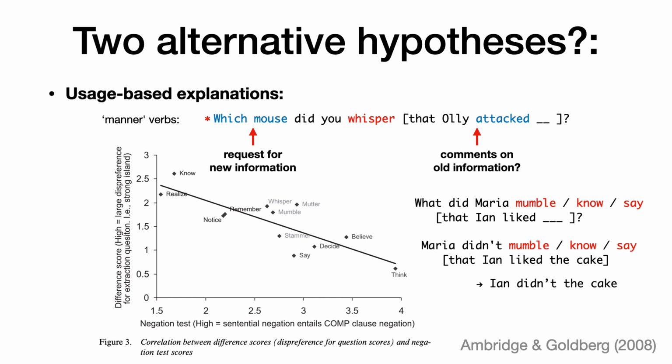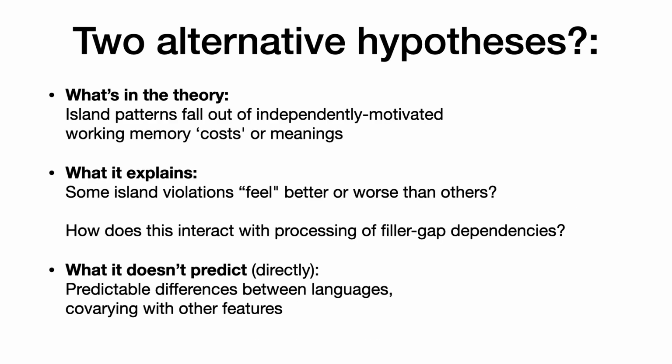But I want to mention something interesting here, right? So what's in this theory? Well, both the theory that we saw just now, where I went through carefully the pragmatics, the usage of these structures, and the processing-based theory, which I didn't really describe carefully, but we'll talk about more soon, are good at trying to explain island phenomena from independently motivated facts about working memory and independently motivated facts about the meanings of these constructions.